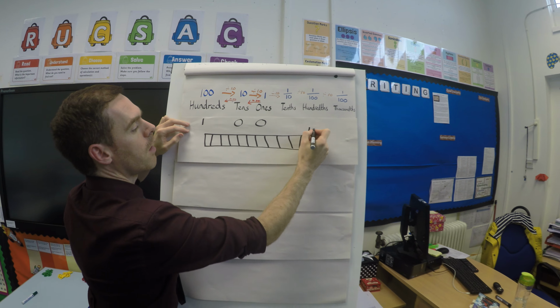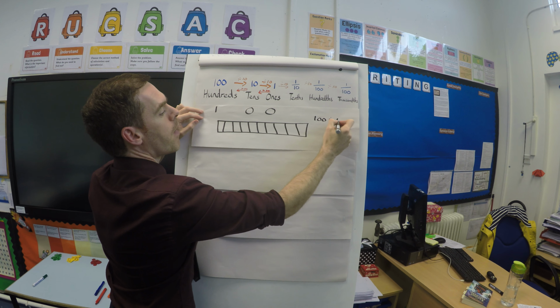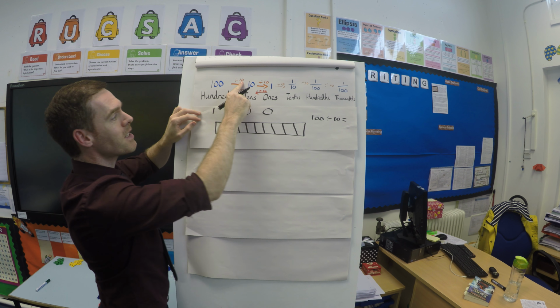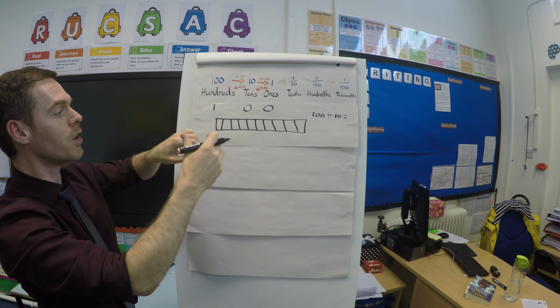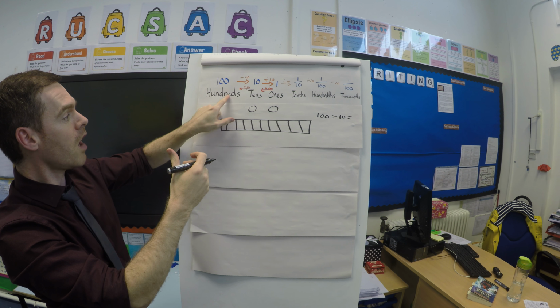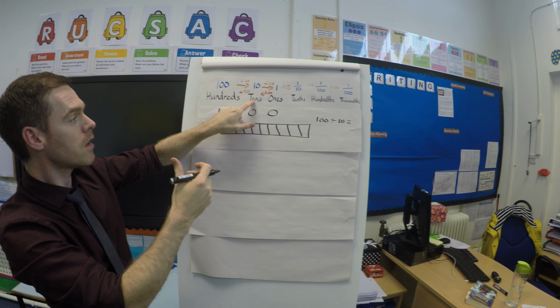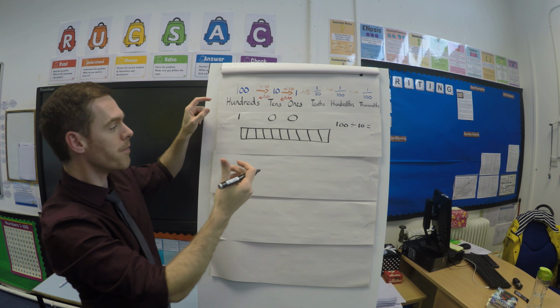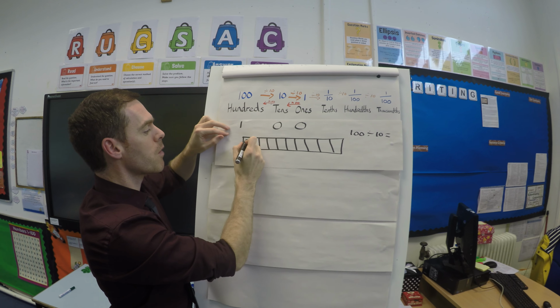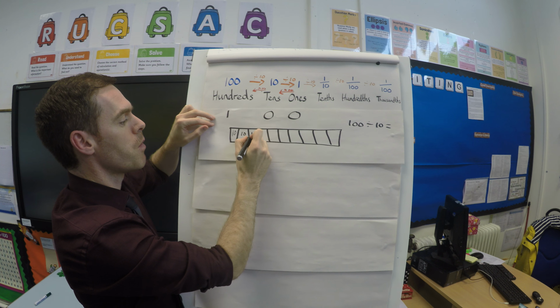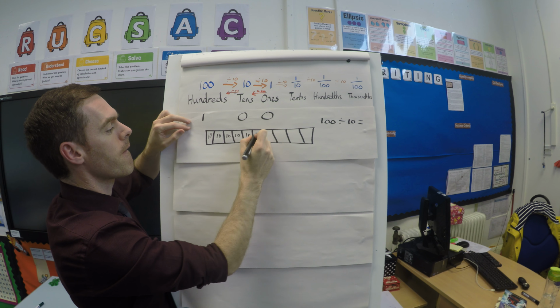So 100 divided by 10. And when I'm dividing by 10, I'm moving down to my next place value. So I should know that 100 divided by 10 will give me 10. Okay, so each of these equal parts is going to be worth 10.